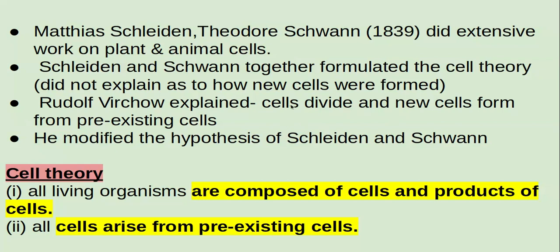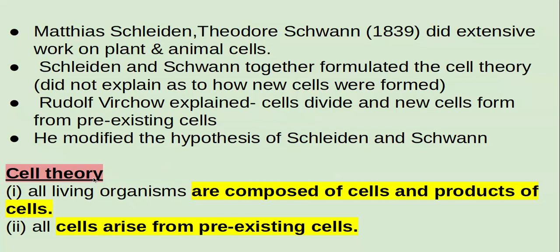He said there is truth to it, and he said that indeed cells divide and produce new cells from pre-existing cells. Okay, and he explained it in a much better way, or you can say that he kind of gave proof to what they were saying, and therefore he modified their hypothesis, and that gave birth to what we now know as the cell theory.